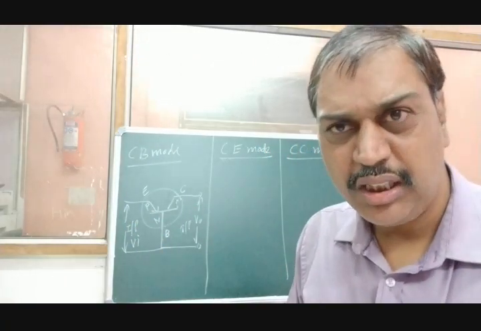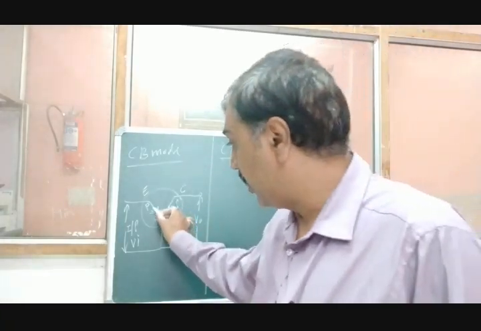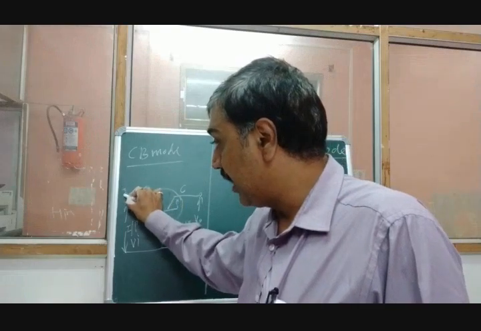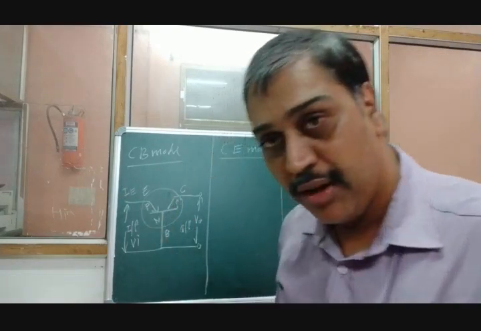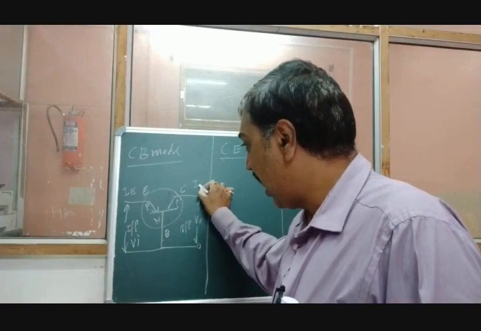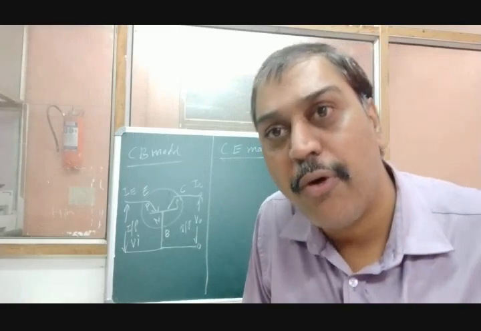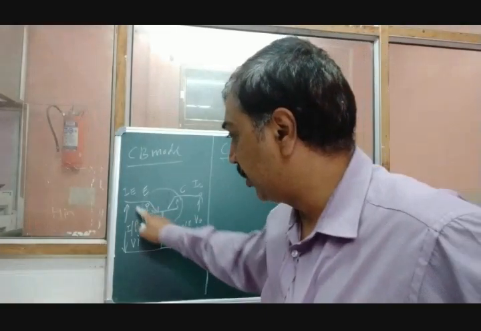Similarly, in this common base mode, what is the input current? Input current is due to the emitter. IE is the input current. What is the output current? It is due to the collector. IC is the output current. You have to remember this part. Apart from that, what is the input voltage, or whatever the voltage between these 2 terminals?